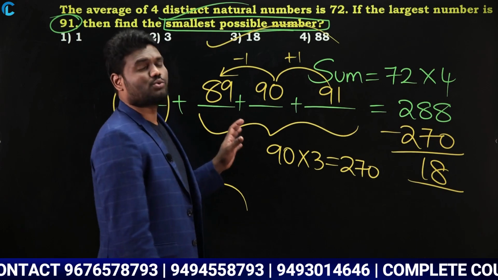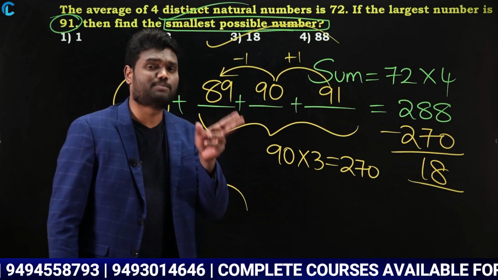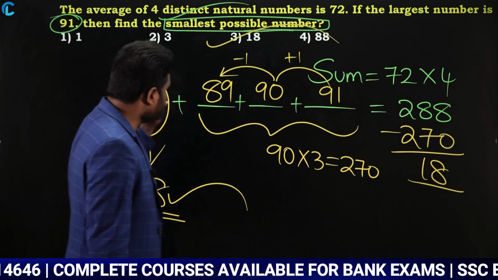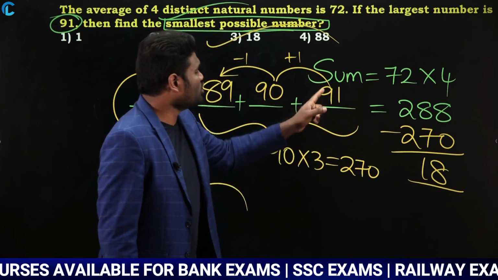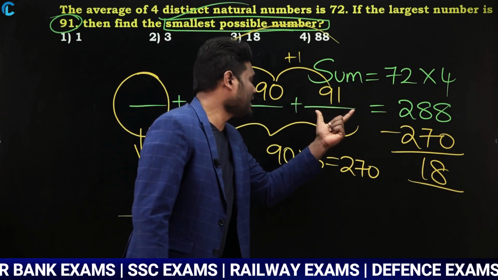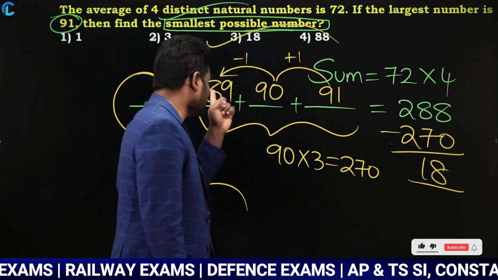Very simple. In this question they have asked us to find the smallest possible number. If you need to find the smallest possible number, you need to make the remaining values maximum. It is clearly said that this value can take a maximum of 91. If this is 91, as they are distinct numbers, this should be 90 and this should be 89.